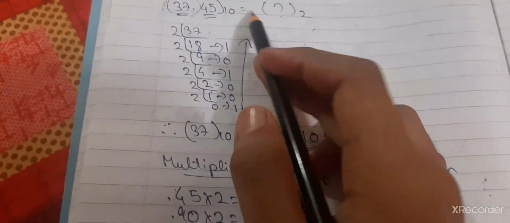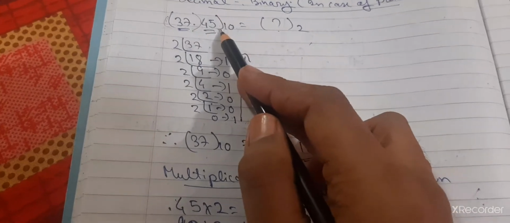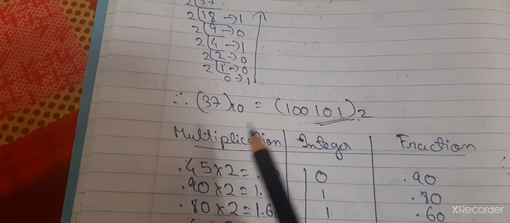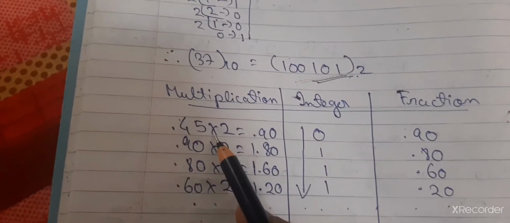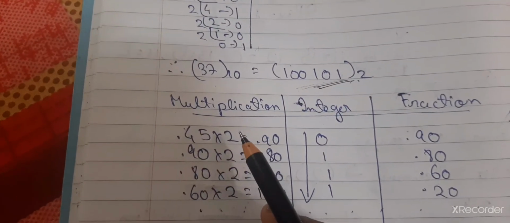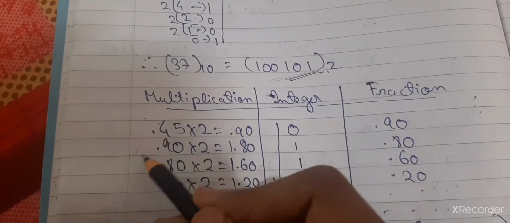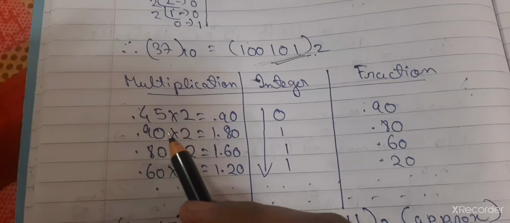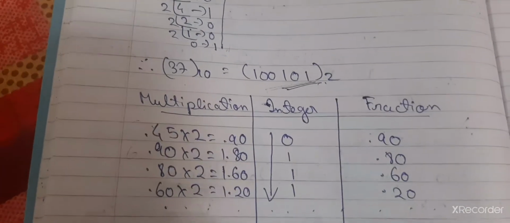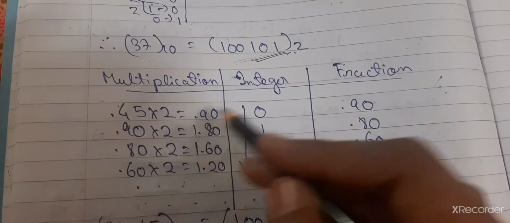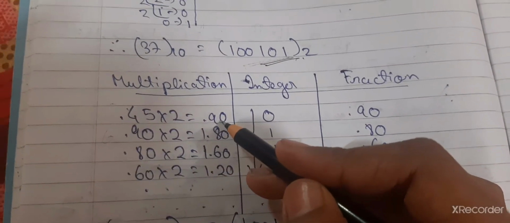Now, how will we find the fractional part, 0.45? That we will do by multiplying 0.45 into 2. 0.45 here means 0 point, nothing. So 45 into 2 we know is 90. We have a point here, so 0.90.